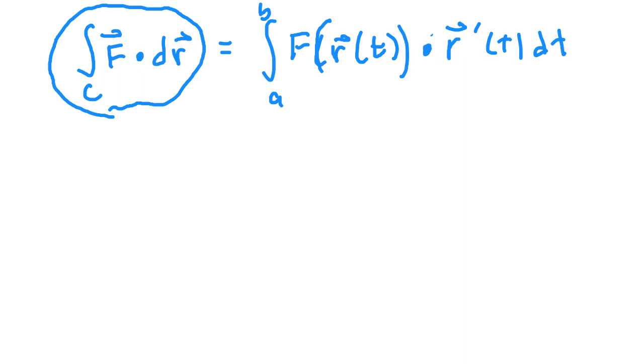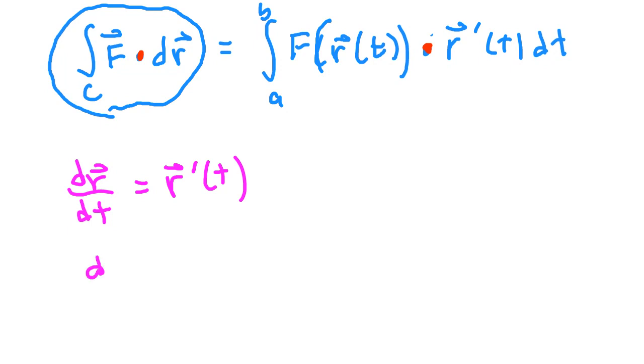Now, here are the dots. So why does the integral on the right equal the integral on the left? Well, let me show you. Remember, if you were to do Leibniz notation, dr/dt would get you r prime of t, right?